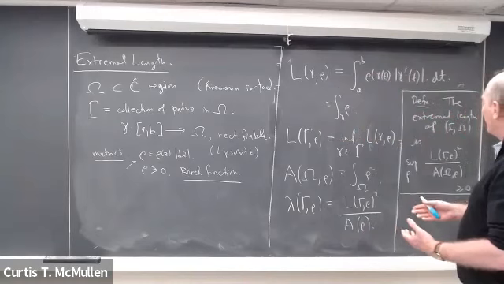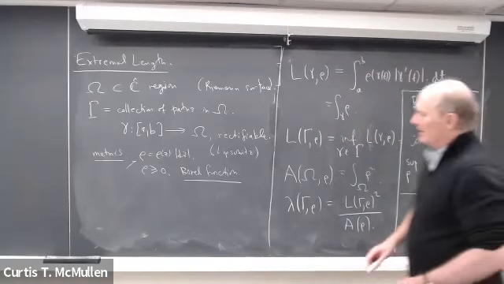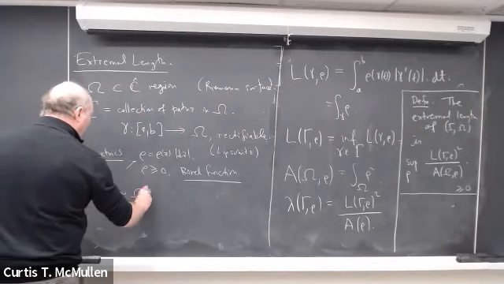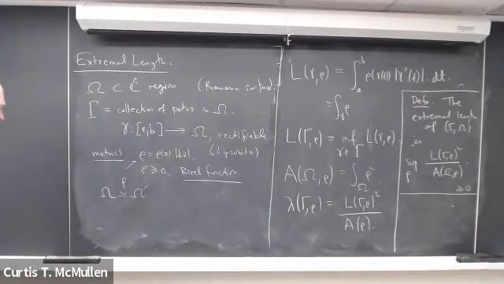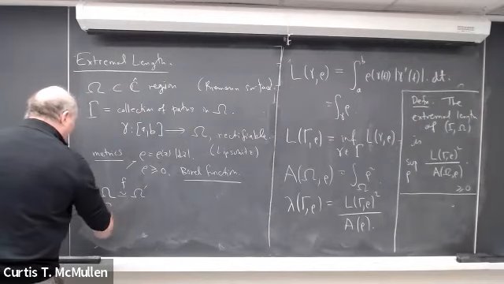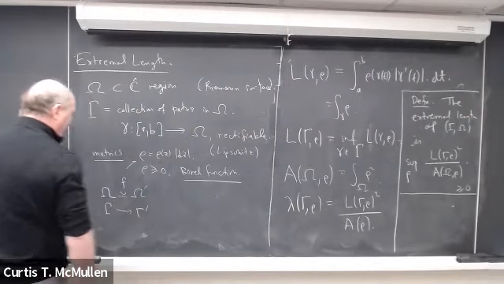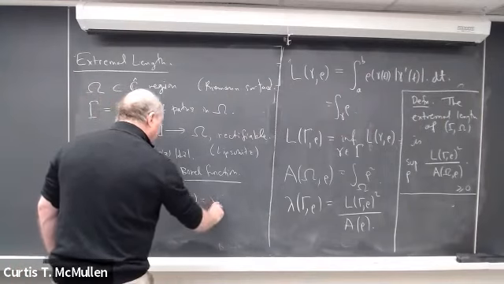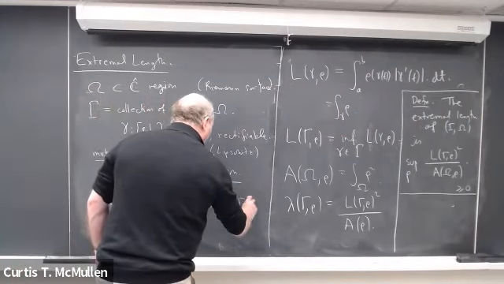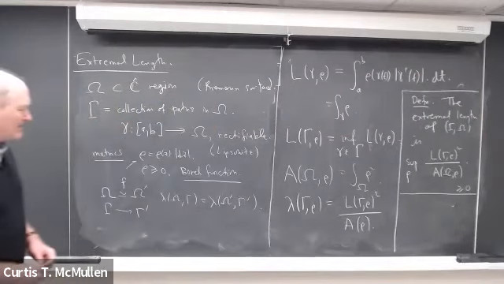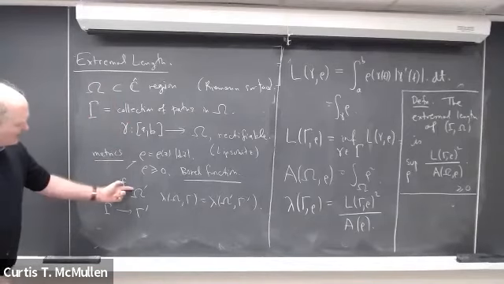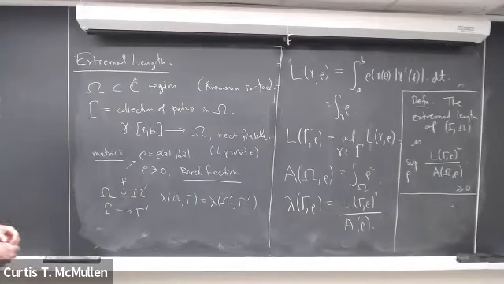So if you have an isomorphism between a region omega and a region omega prime, given by a conformal map, and it sends the family of paths gamma to the family of paths gamma prime, then the extremal length of omega and gamma is the same as the extremal length of omega prime and gamma prime, because you can take conformal metrics on omega and transport them to conformal metrics on omega prime and vice versa.